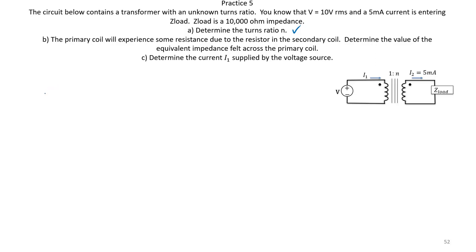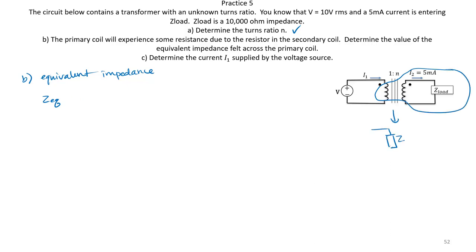Alright, so we finished the first part. Next part is to find the equivalent impedance felt by the primary coil. Well, that part alone gives us a big hint about what equation we need to use. Remember, we know from our toolbox, we can replace that whole transformer with an equivalent impedance, where this equivalent impedance is 1 over N squared times Z load.